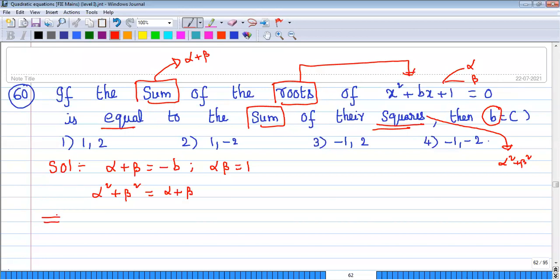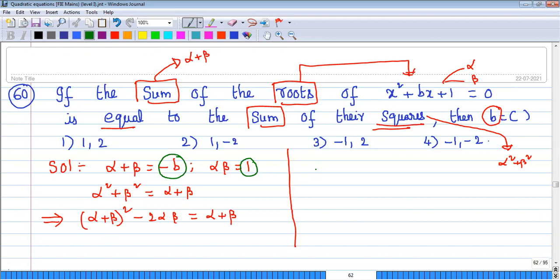Alpha square plus beta square, we can write as alpha plus beta whole square minus 2 alpha beta equals alpha plus beta. This is a mathematical manipulation. So instead of alpha plus beta, minus b, and alpha beta is 1. So this is b square minus 2, and this will be minus b. So b square plus b minus 2 is equal to 0.